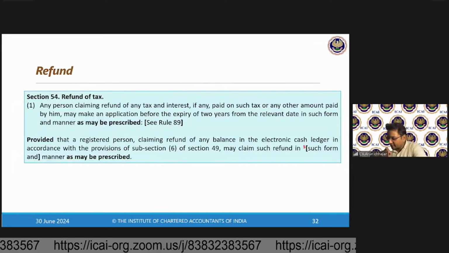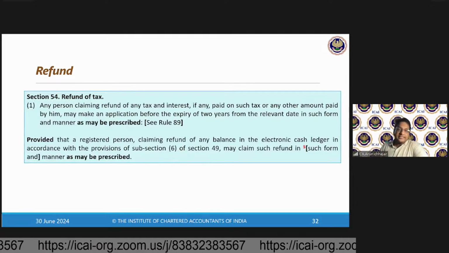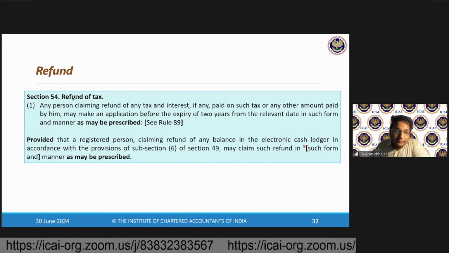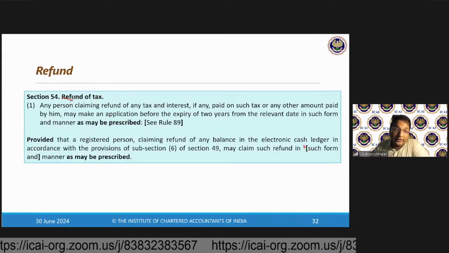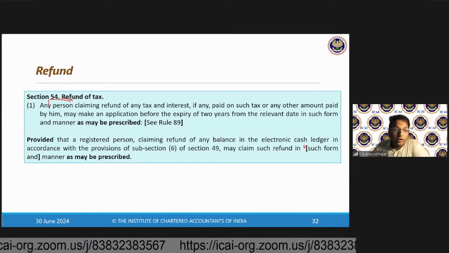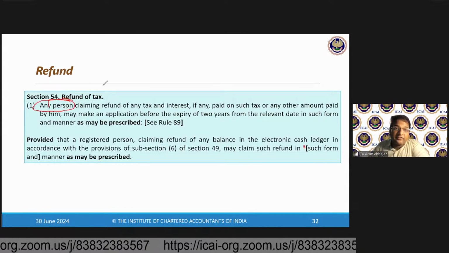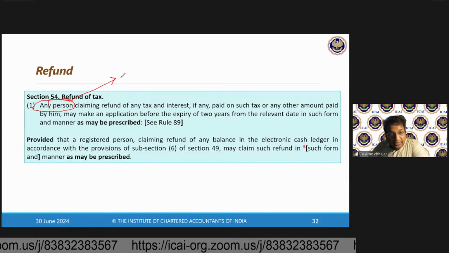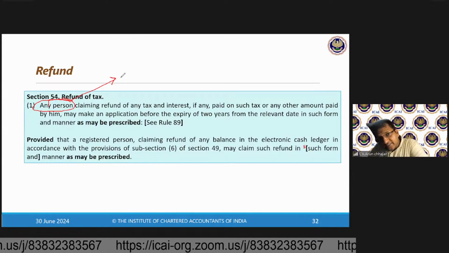When you read section 54, it starts with the words any person. This is very, very important. Meaning thereby, for taking the refund, one should be registered and one can be unregistered also.